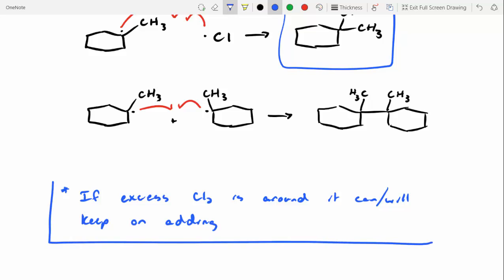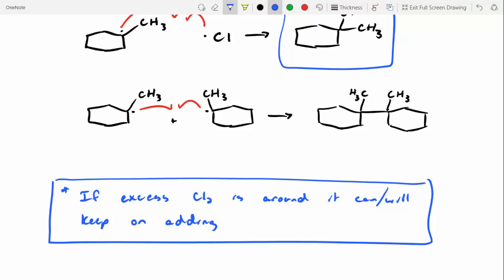So oftentimes during radical chlorination in particular, you end up with more than one chlorine getting installed because you have excess chlorine around in solution. You guys remember in lab we used dichloromethane, and we're going to use chloroform soon. All of that is made by treating methane with chlorine gas and radically initiating it so that we can swap out the hydrogens with halogens.